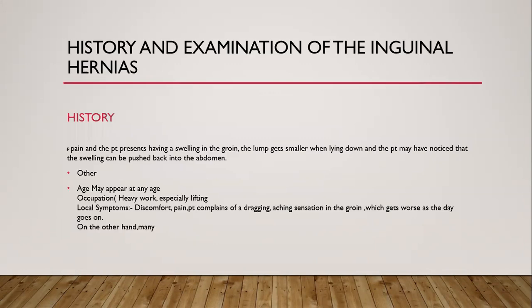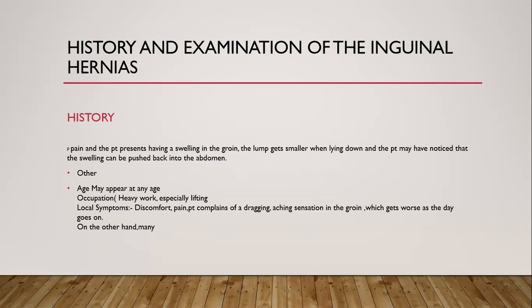So if there's bulging in the femoral canal there, that can also be a differential. So how do you take the history and examination of inguinal hernias? Mostly the patient will present with pain, but not always. The pain is more common and tender when there is strangulation.